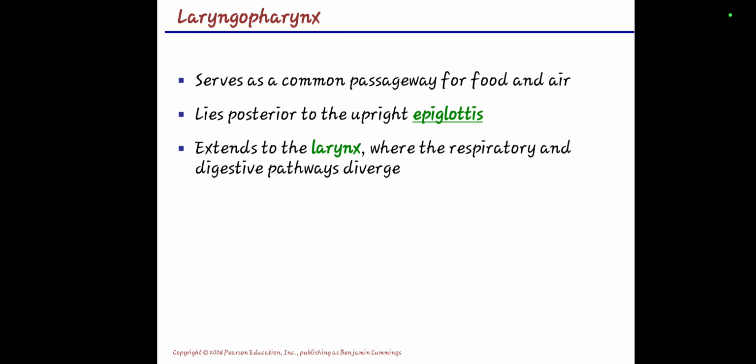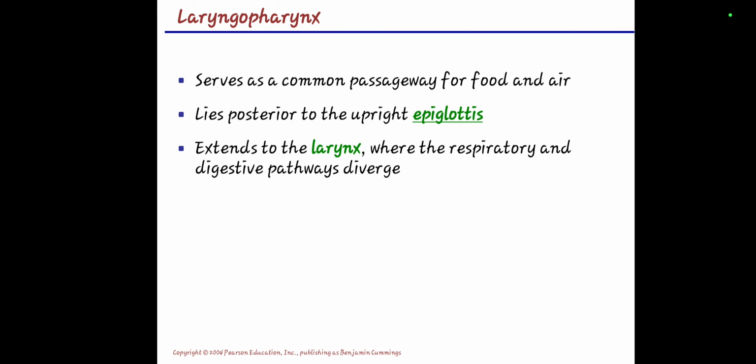Next, we also have the laryngopharynx. It also serves as a common passageway for food and air, the same as the oropharynx. It lies posterior to the upright epiglottis, and it extends to the larynx where the respiratory and digestive pathways diverge. It is the third region of the pharynx.